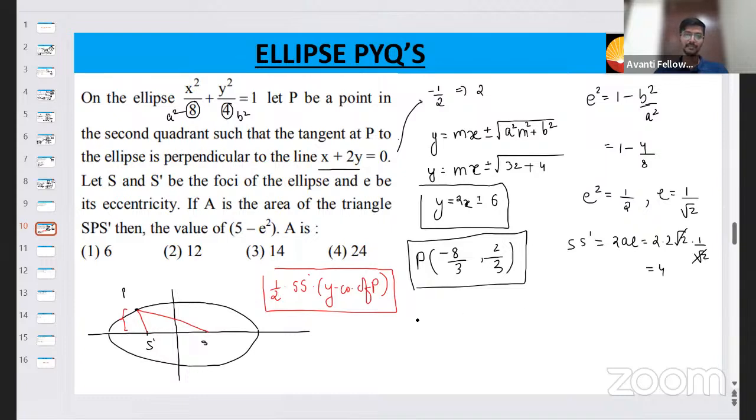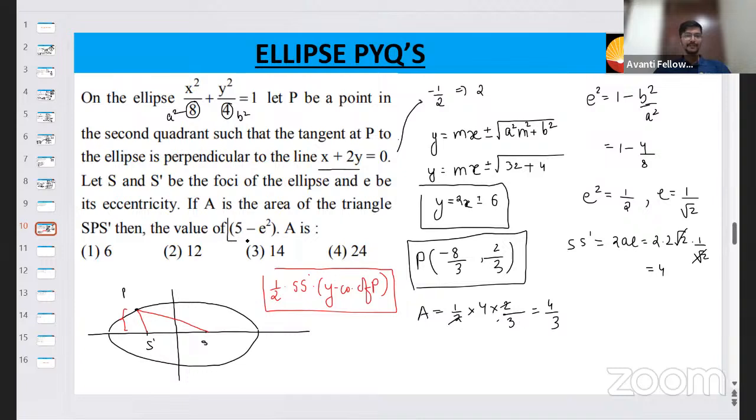So the area of the triangle they have given is half into S S dash, which is 4, into the y coordinate of P. Right? So this 2 and this 2 will get cancelled. The area will be 4 by 3.